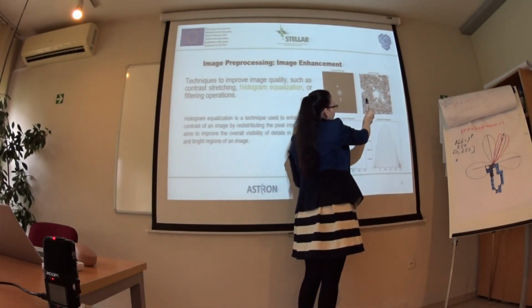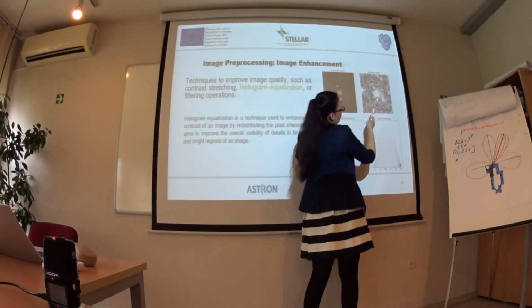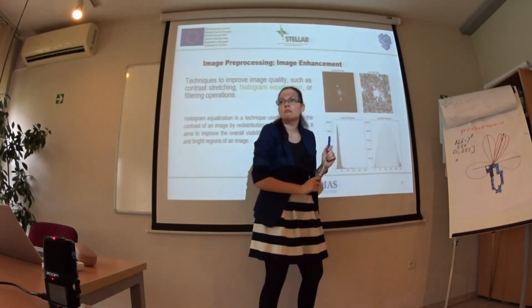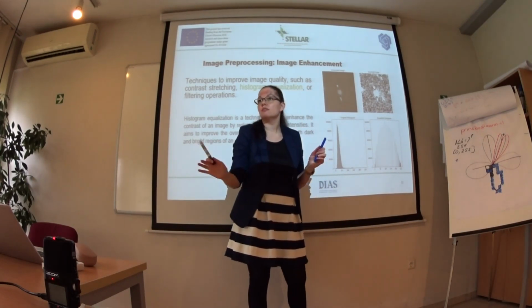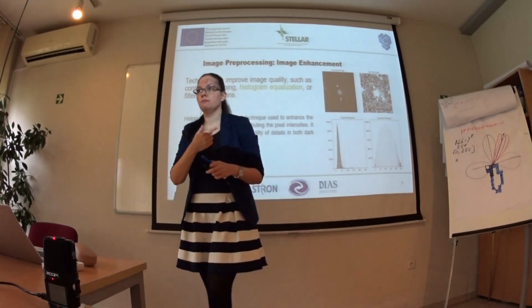Here, I can say that there is a pattern. You see, there is something here, here, here, and here also. I don't know what it is. I have no idea, but I can see it.